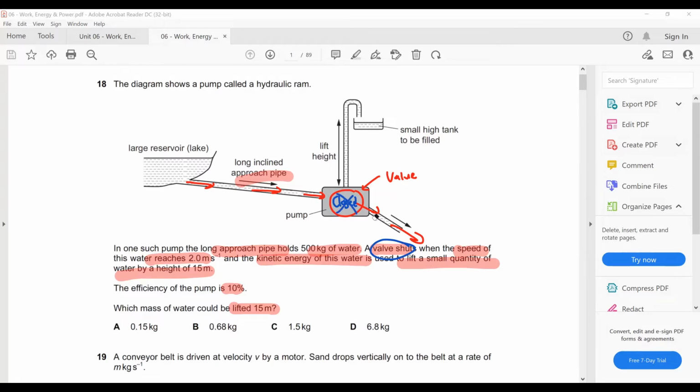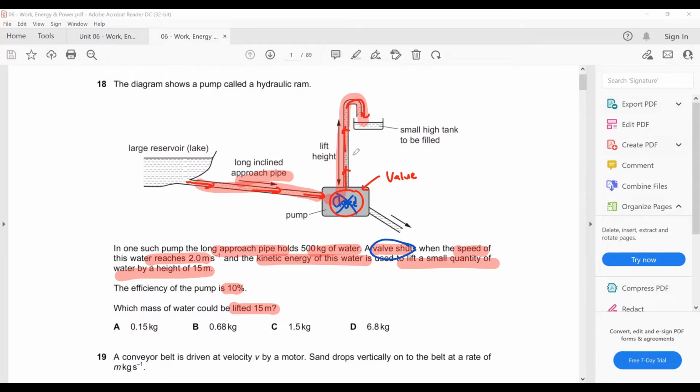So what will happen is that the water that was flowing from your long approach pipe, because this valve is closed here inside the pump, water cannot flow like this. Instead, it will now flow upwards and then go inside here. It will now flow like this.